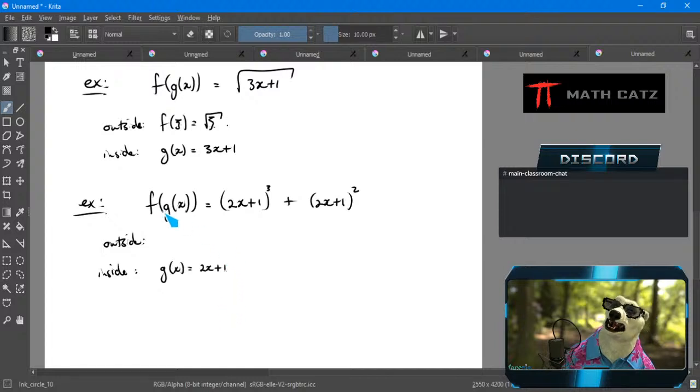You can have a little guessing. The more you do it, the more experience you're going to have and the safer your guesses are going to be. Once I have settled on an inside function, what should the outside function be that has to go with it in order to produce my given function?